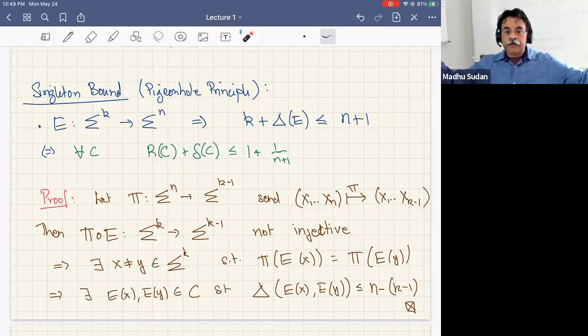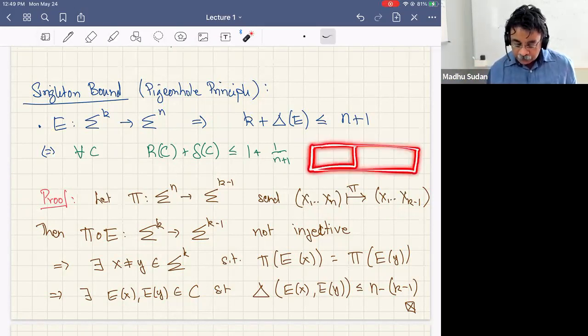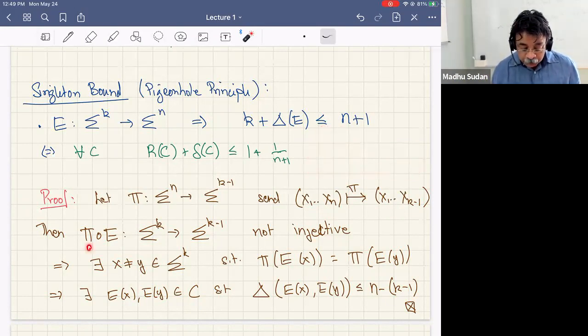Okay, just look at every sequence restricted to the first k minus 1 coordinates. Well, when you compose pi with E, what do you get? Well, you apply E from sigma to the k to sigma to the n, and then go from sigma to the n to sigma to the k minus 1 by pi. Then you get some function.